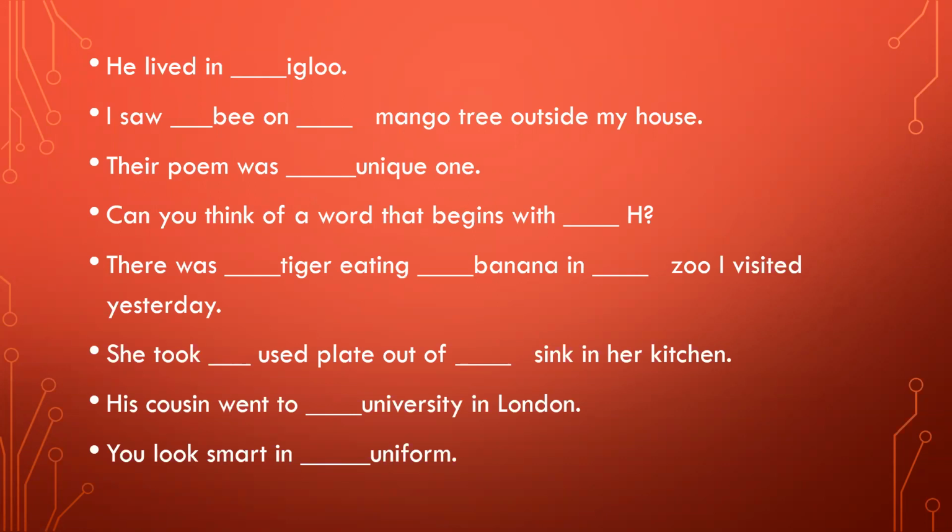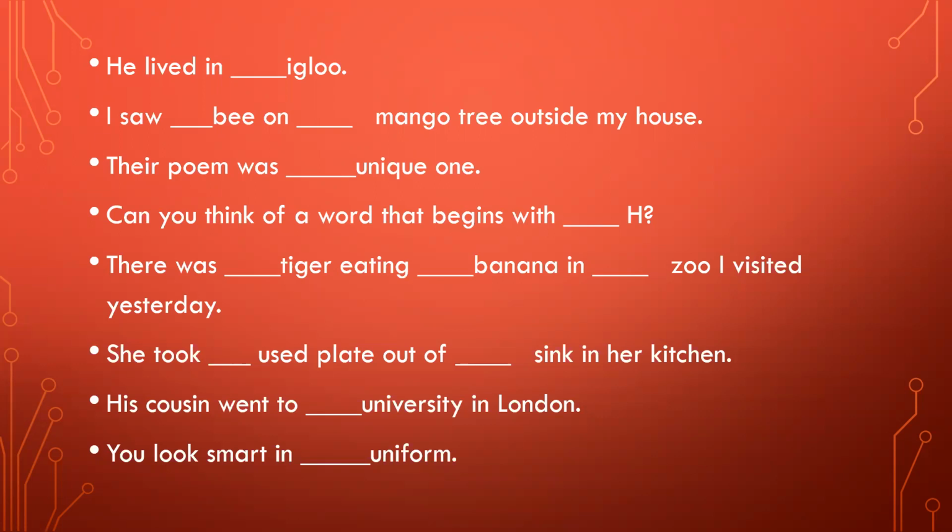Their poem was dash unique one. Can you think of a word that begins with dash H? There was dash tiger eating dash banana in dash zoo I visited yesterday. She took dash used plate out of dash sink in her kitchen. His cousin went to dash university in London. You look smart in dash uniform.